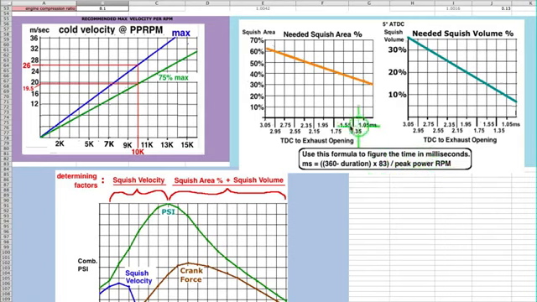It'll give you a certain number which you can put along here. Let's say it's 1.75. You say, oh, okay, is this line right here? And then you run into the graph, and then you go directly over here. So in this case, it'd be like 41 or 42% squish area.